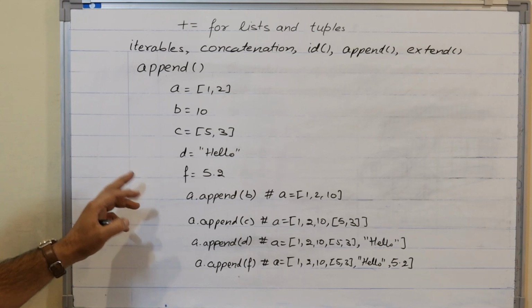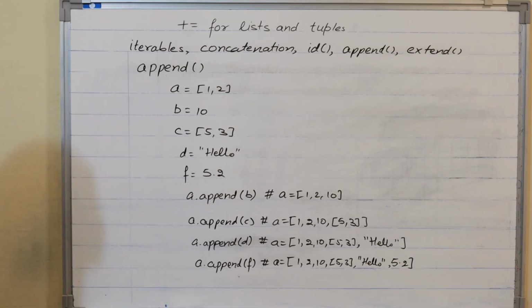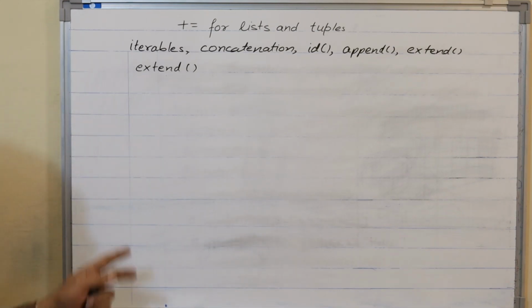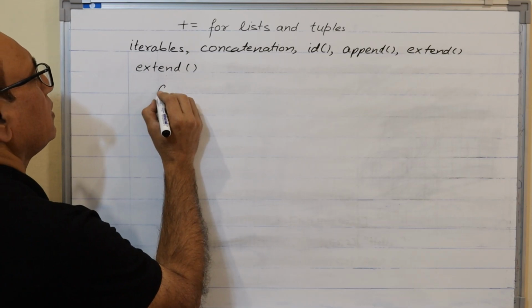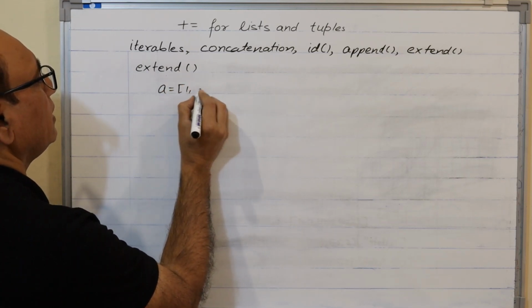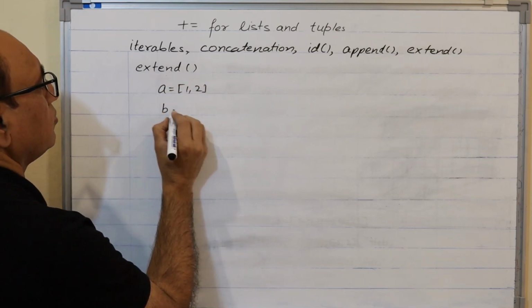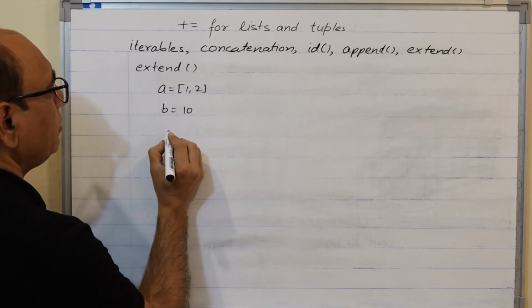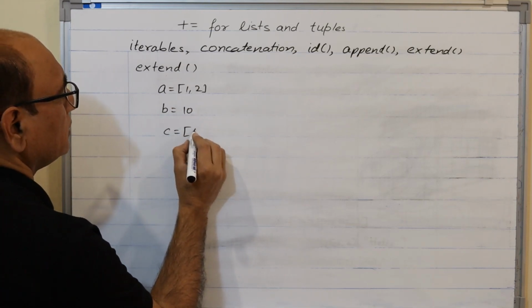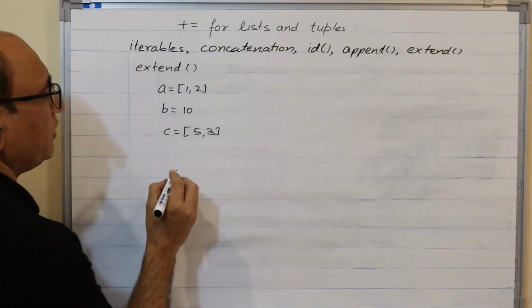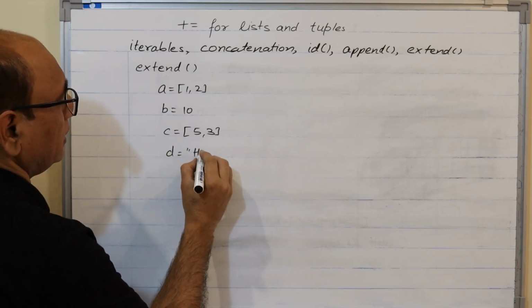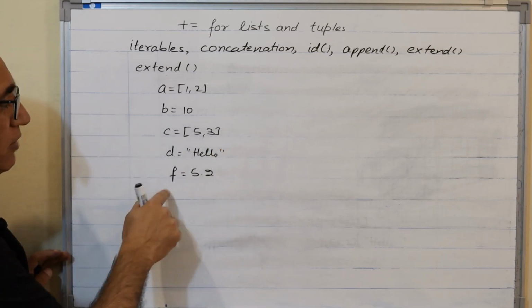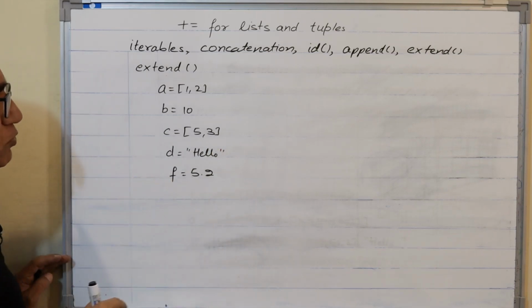Now let us see how extend works. Again, let us take an example where A is a list containing the elements 1, 2, B is an integer value, C is a list containing elements 5 and 3, D is a string, let me again say hello, and F is a floating point value 5.2.